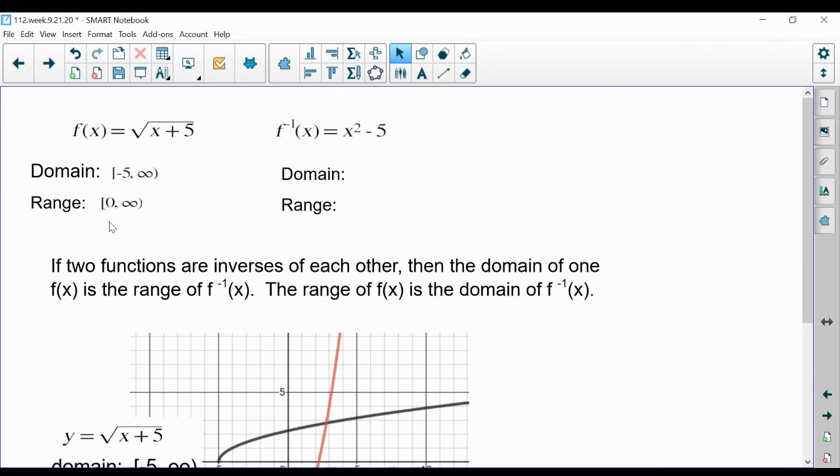So the point of those last two slides was to try to defend that the domain of one function must equal the range of the other function. And the range of one function must equal the domain of the other function. So the domain and the range switch.